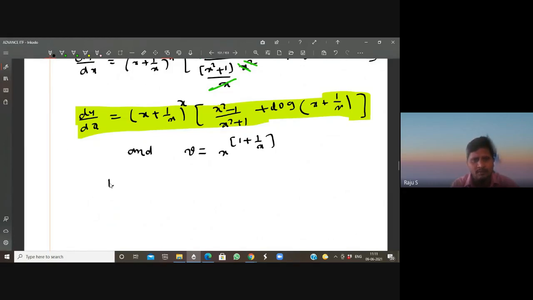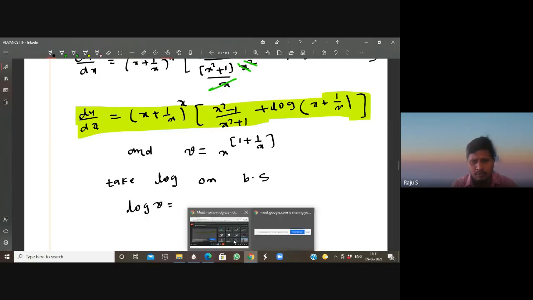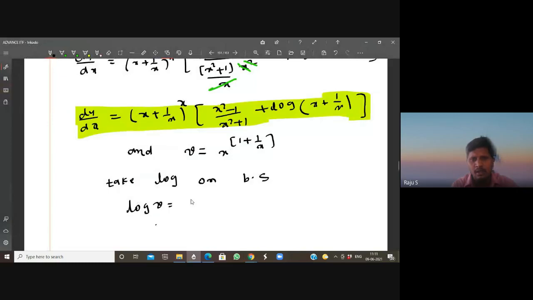First, take log on both sides. So log v is equal to log of x to the power of 1 plus 1 by x.